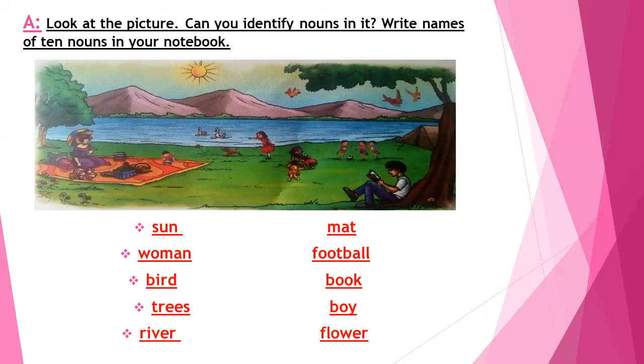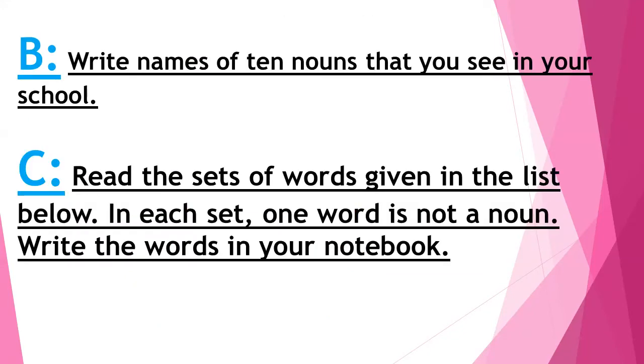Okay, turn to your next page. On the next page, we have given exercise B. Exercise B is: write names of 10 nouns that you see in your class, in your school. Okay. Which nouns do you see in your school?